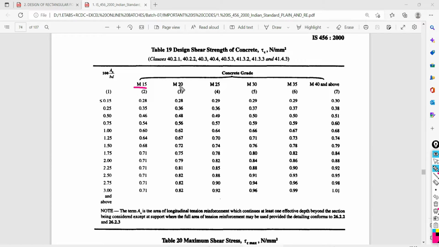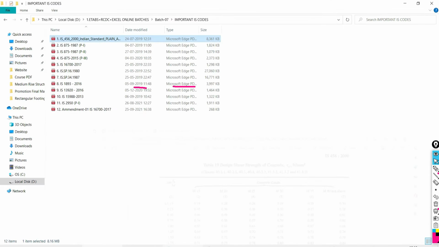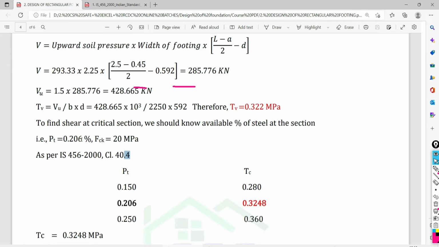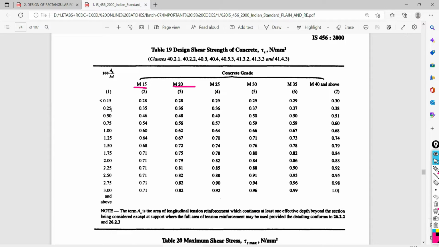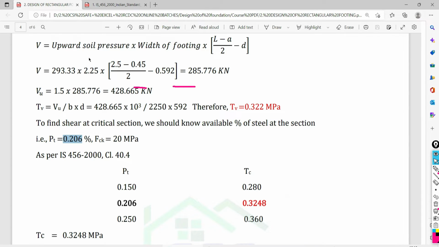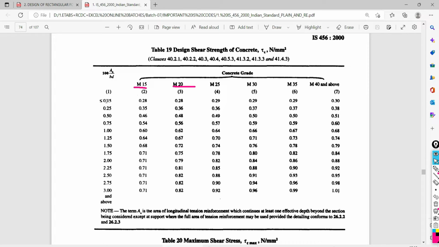We want to know for the M20 grade of concrete, with the available percentage of reinforcement 0.206. There is no provision for this specific percentage, so we need to do linear interpolation. This value will come in between 0.15 and 0.25.